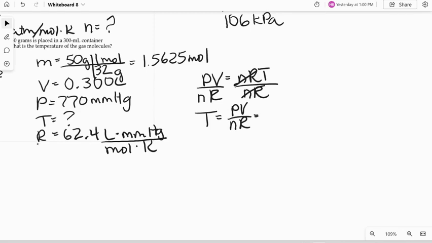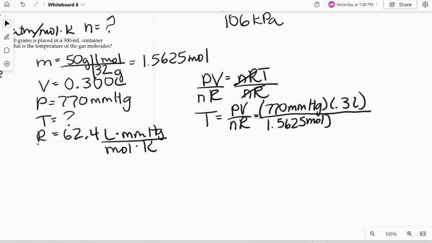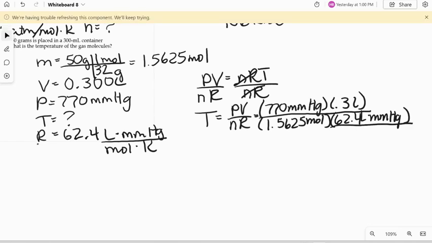Now let's plug in P, 770, V, 0.3 liters, N, 1.5625 moles, R, 62.4 millimeters of mercury over moles K.